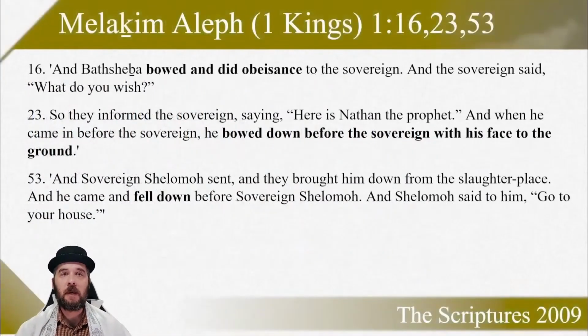Let's look at this in 1 Kings 1, verses 16, 23, and 53. Here in verse 16, it says that Bathsheba bowed and did obeisance to the sovereign. Verse 23, it says, so they informed the sovereign, saying, here is Nathan the prophet.